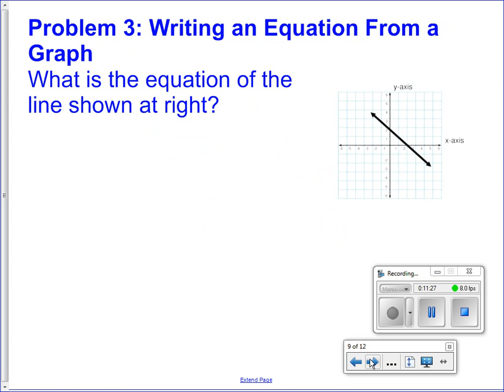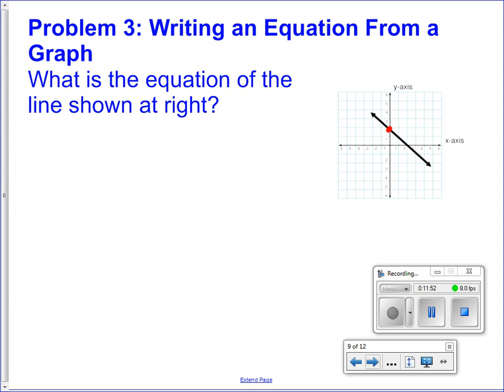All right, problem 3, writing an equation from a graph. What is the equation of the line shown at right? Now this is another nifty thing about slope-intercept. We can look at a line and write the equation. So what we do need to identify are points on this line where the line goes through the y-axis, first of all.